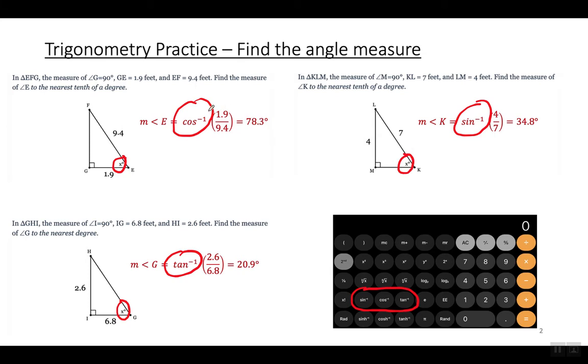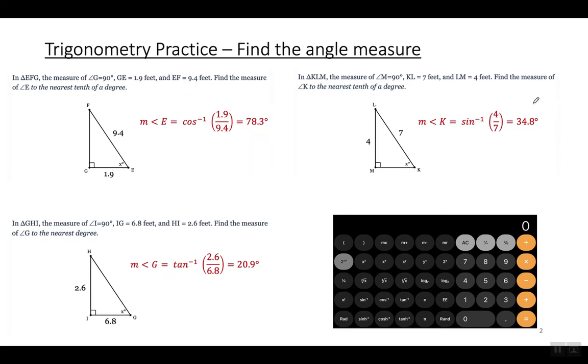Remember, when we did this in our geometry textbook, that was called the inverse of cosine, the inverse of sine, and the inverse of tangent. You only use those buttons when the answer you're looking for is the measure of the angle. Hopefully that'll make some sense.